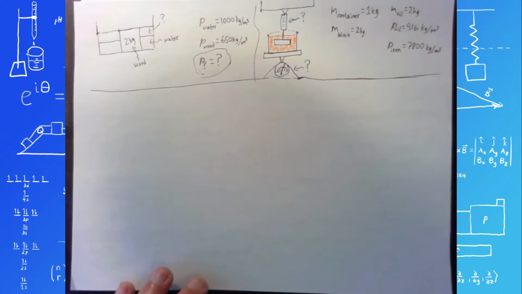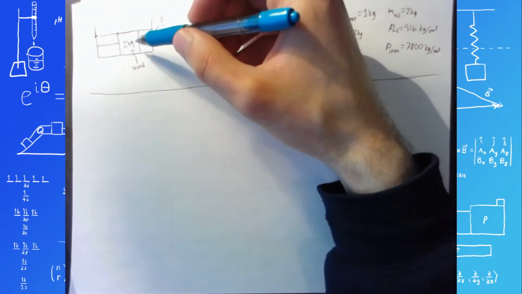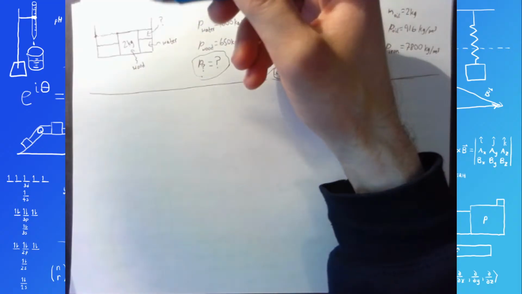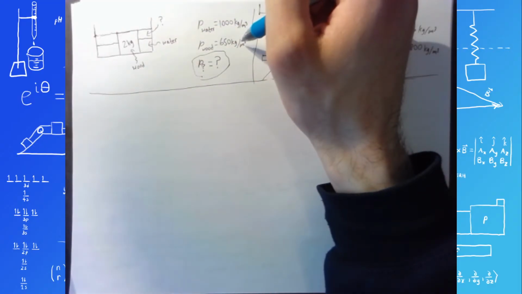But anyway, I guess we're just going to start with the problems that I left you with last time. I left you with 2 of them. The first one was a problem that I made up. We have a 2 kilogram block of wood whose density is 650 kilograms per cubic meter.